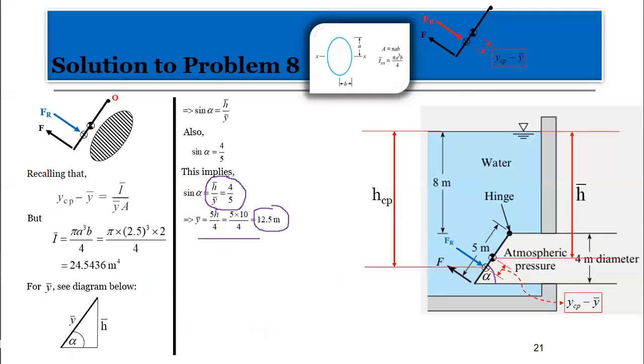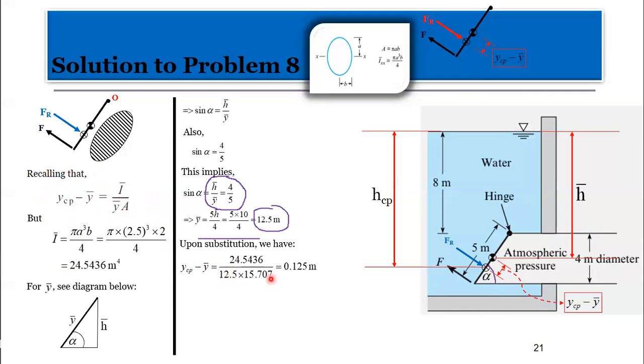So now that we have this, and remember our equation, upon substitution, my YCP from this equation. Remember, I need Y bar here in a way to find the YCP minus that.